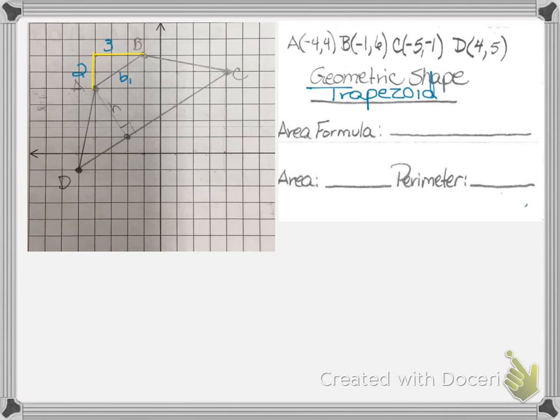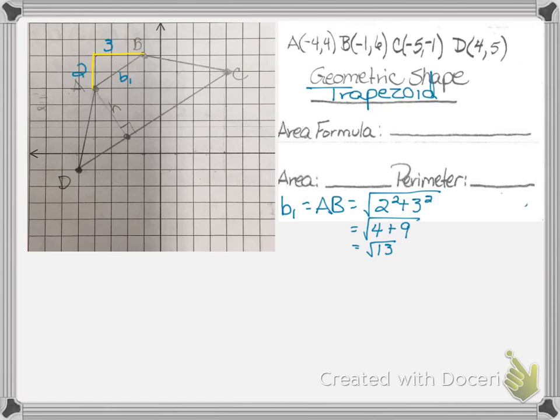And so this is my base 1, which is the length of AB, and I'm using the Pythagorean theorem. So it's the square root of 2 squared plus 3 squared, which is the square root of 4 plus 9. You'll be happy to know that we don't need to simplify that radical. It's already in simplest form.